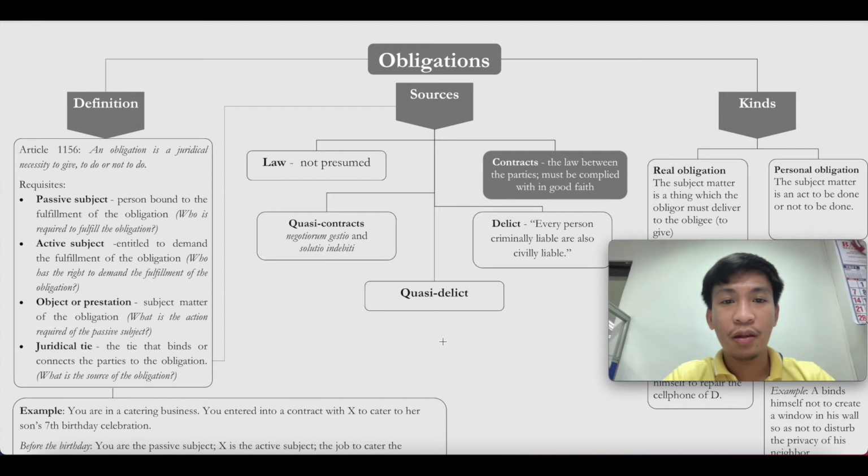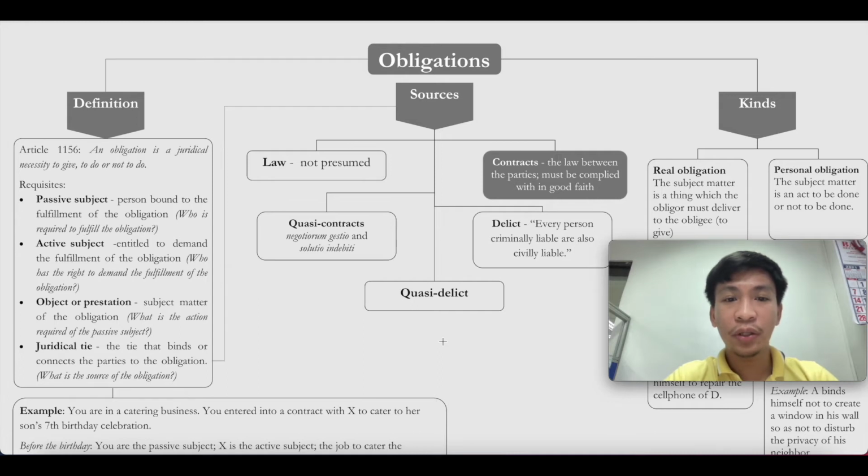Ibig sabihin, it is made without an actual agreement between two people. Hindi sila nag-agree to do something. It is just the voluntary action of another. But even so, it is a source of obligation because it is written in the civil code.